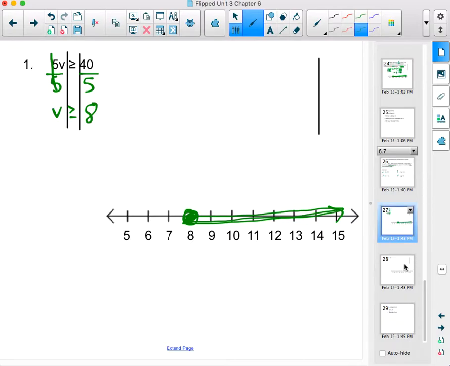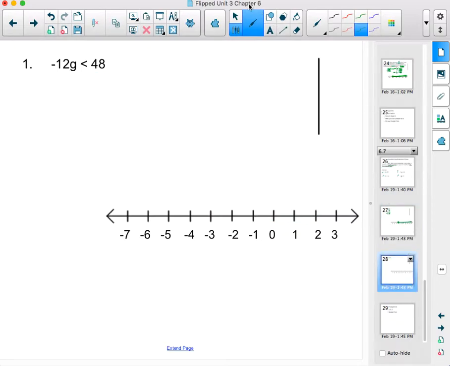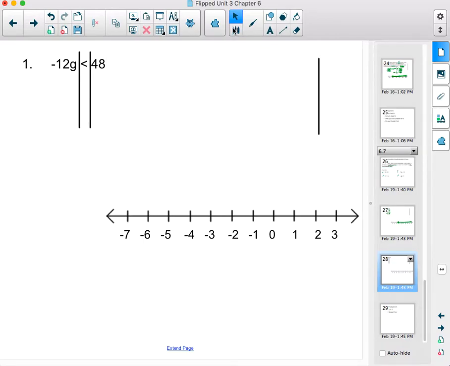Okay, let's take a look at number 2. Negative 12g is less than positive 48. Let's get my train tracks into position here. Now, to solve for g, we have to divide both sides by a negative 12. Divide by negative 12 on that side, divide by negative 12 over here. We are dividing by a negative. See the negative here, the negative here?